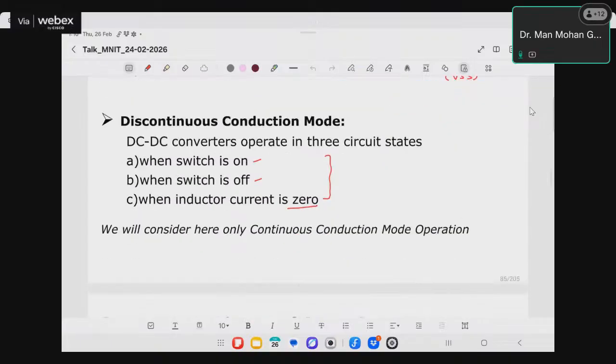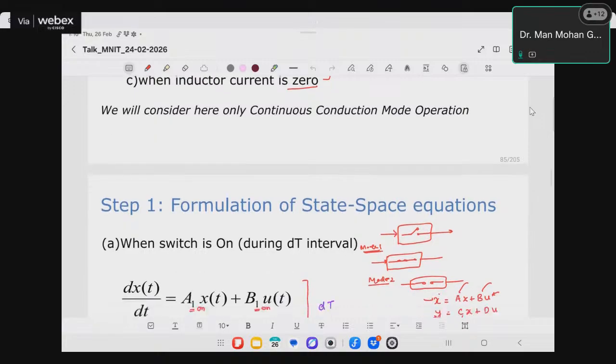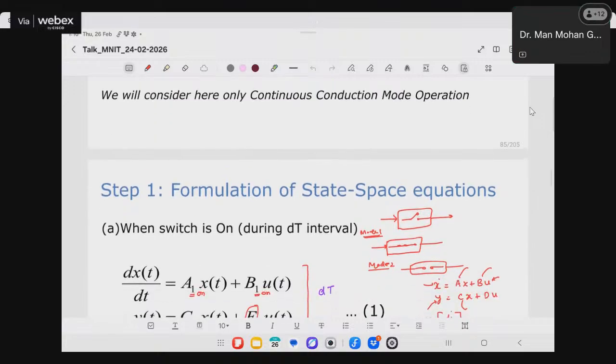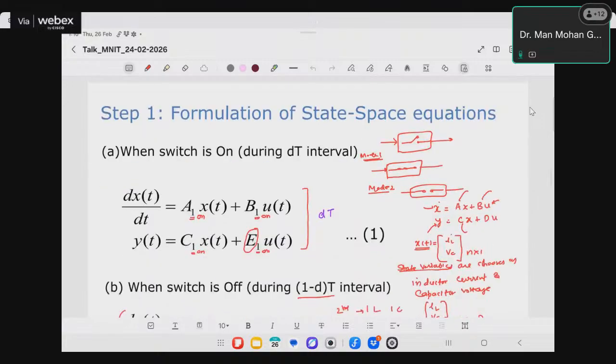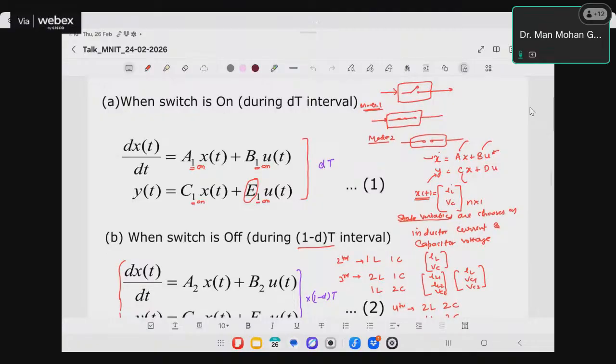So once we write these individual equations in the form of a state space model, it looks like that. Two separate state space models, as I said, the converter is a variable structure system, so based upon the switching, it changes its structure, right?